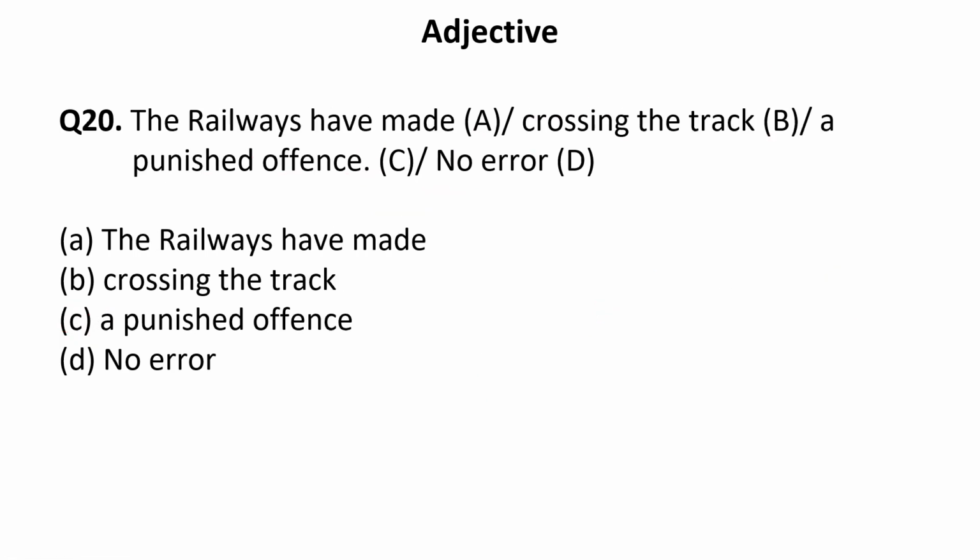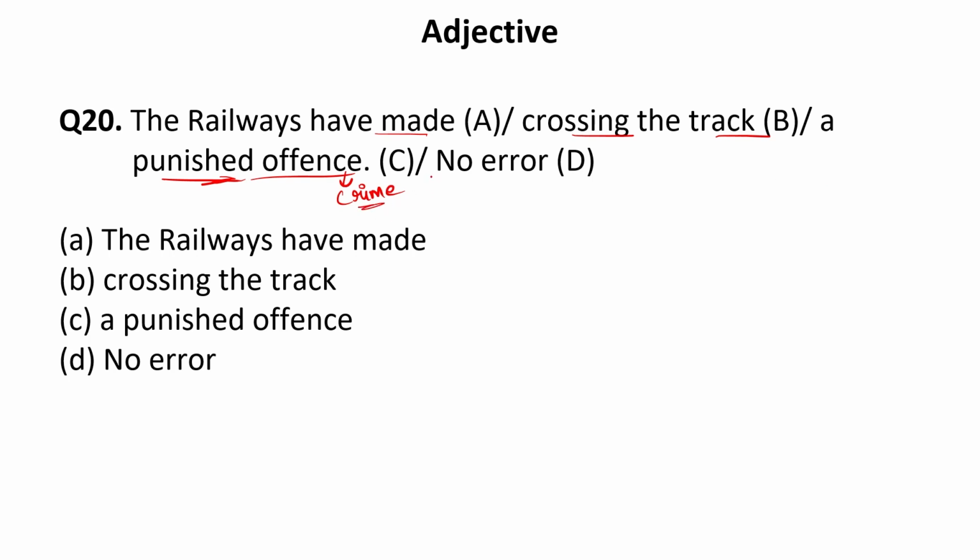Now let us move to the next one. The railways have made crossing the track a punished offense. Now, "offense" refers to crime, not the criminal. "Punished" means to punish someone, or when somebody is punished. We write "punished," for example, the punished student. But we do not punish the crime.